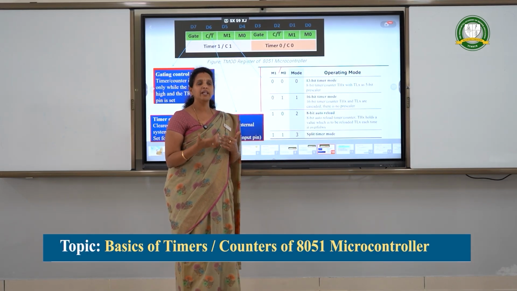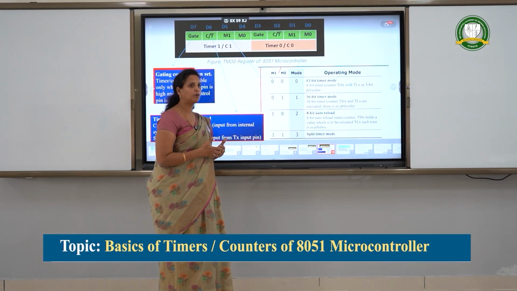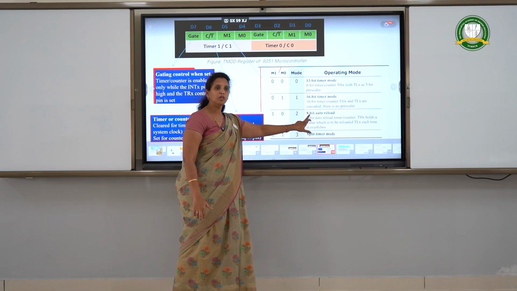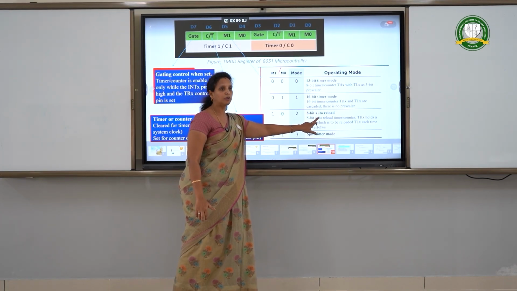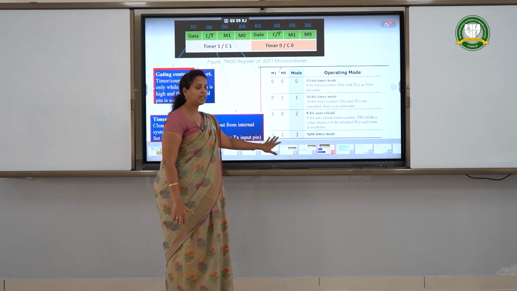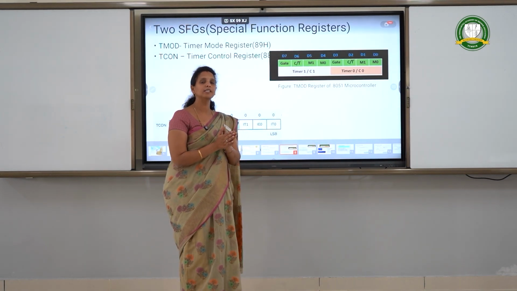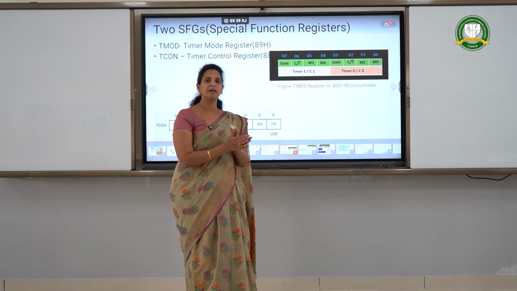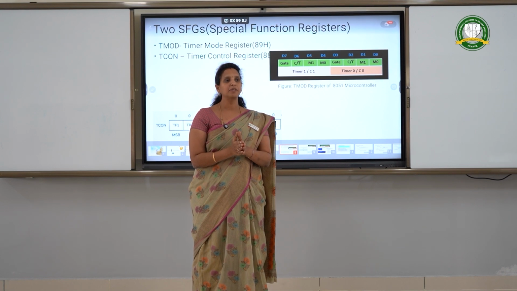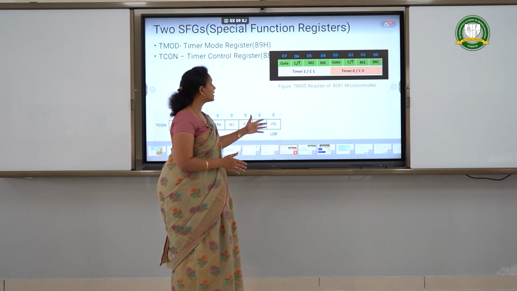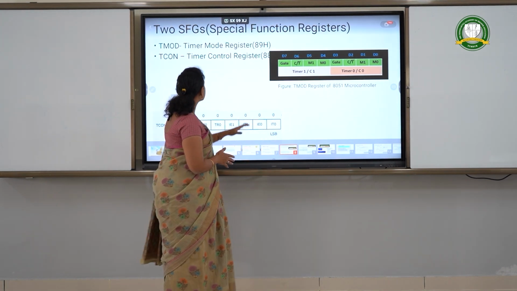As a copy is by default copied to TH0, the mode is also called auto reload mode. The other one is mode 3, which is called split timer mode. Here the timer registers are split into 2 different timers, like timer 0 lower and timer 0 higher. Let us see the detailed operation of these in further slides.